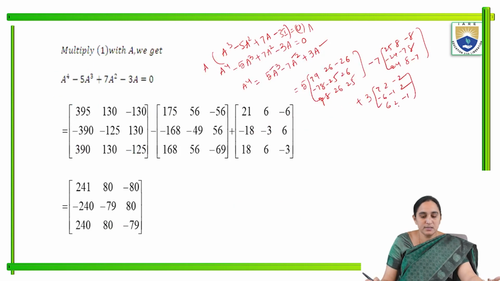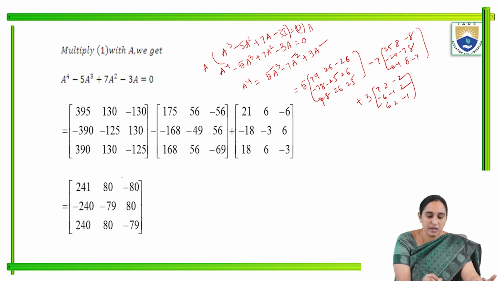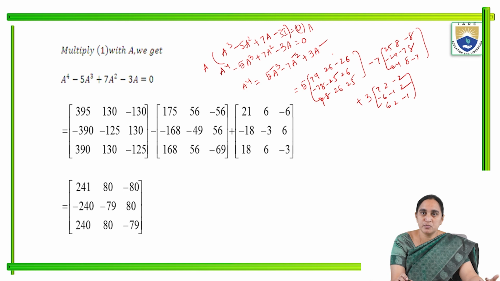If you are adding these three, we have 5 into 79 minus 7 into 25 plus 3 into 7. Observe here: 5 times the first matrix gives this, 7 times the second matrix gives this, and plus 3 times the third matrix gives this. After adding these three, 395 minus 175 plus 21 is 241.